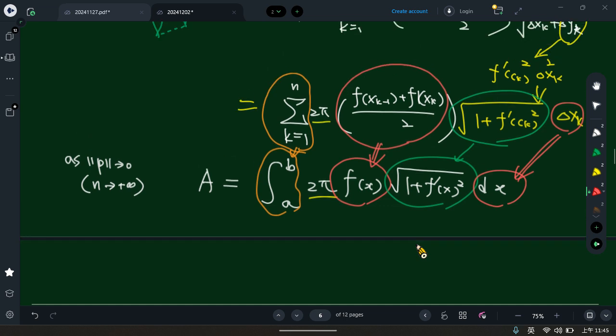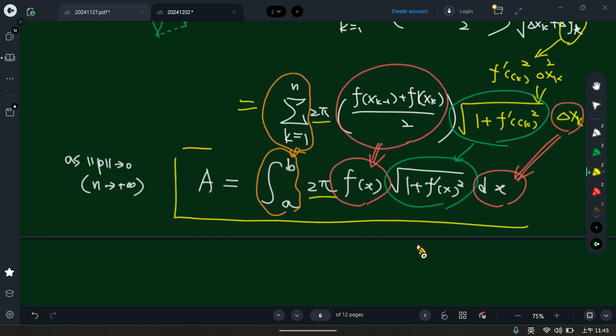So please just bear this in your mind. The integral from a to b of 2 pi f of x times the square root of 1 plus f prime x squared dx.